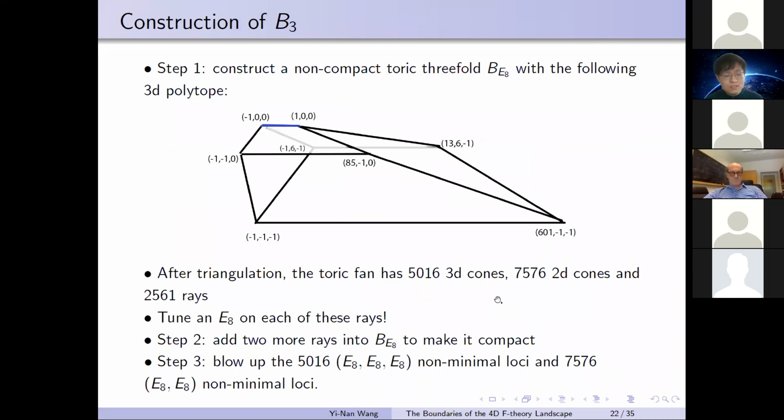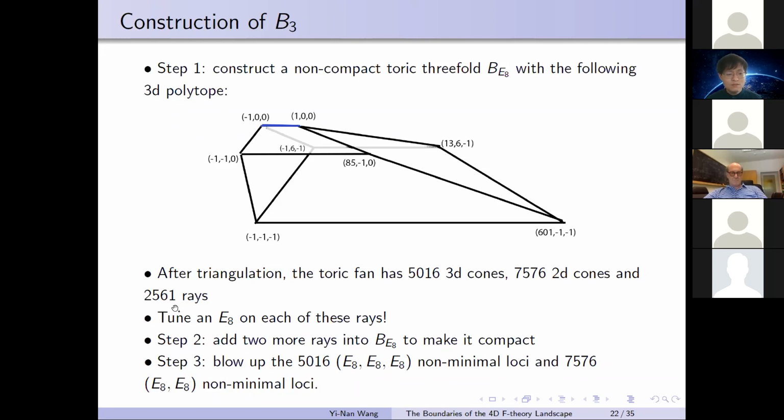So here, the construction of the base threefold is very non-trivial. It has four steps. First, I construct a non-compact toric threefold B8 with the following weird-shaped 3D polytope. So this is just a 3D polytope with 8 vertices. Okay. So after the triangulation of this polytope, the toric fan will have thousands of 3D cones, 2D cones, and more than 2,000 rays.